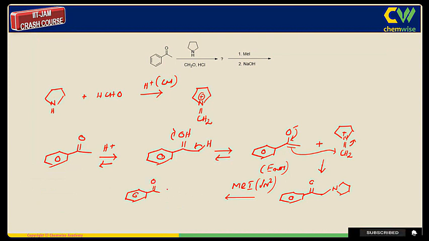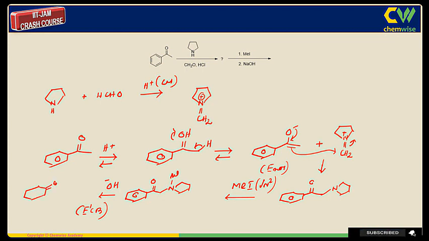Double bond O, this is Me. Now in the previous reactions you have seen, if we use a base, it is going to abstract this proton. After that the elimination will take place. E1CB elimination.